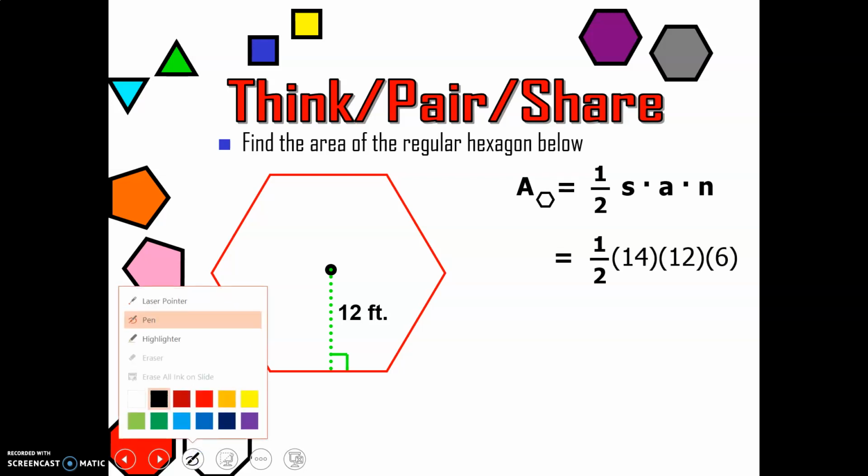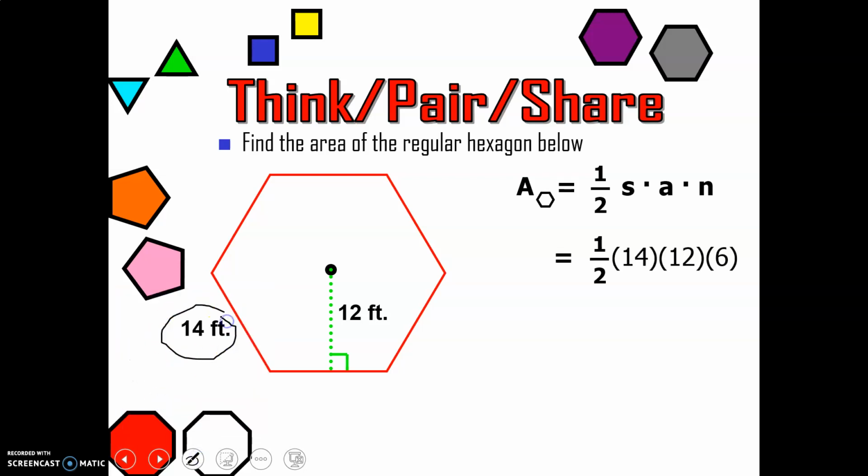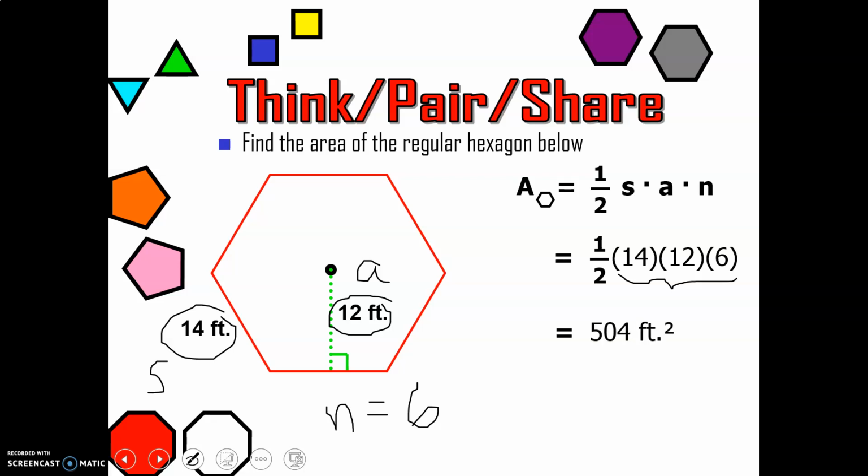So we are going to use the side length of 14, an apothem of 12, and a value of n equals 6. And as I explained earlier, the easiest way to figure this out is to multiply those 3 values and then just divide that by 2. And you should end up with an answer of 504 square feet.